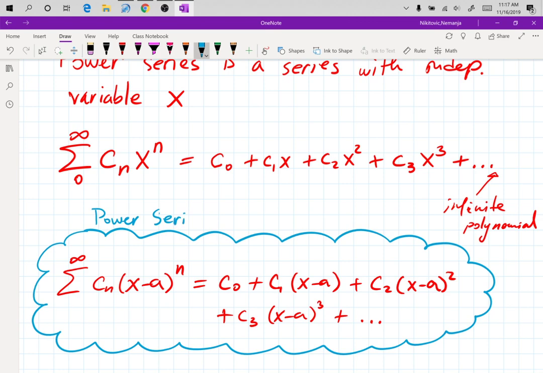Power series centered at x equals a. We will understand eventually why that is so important.